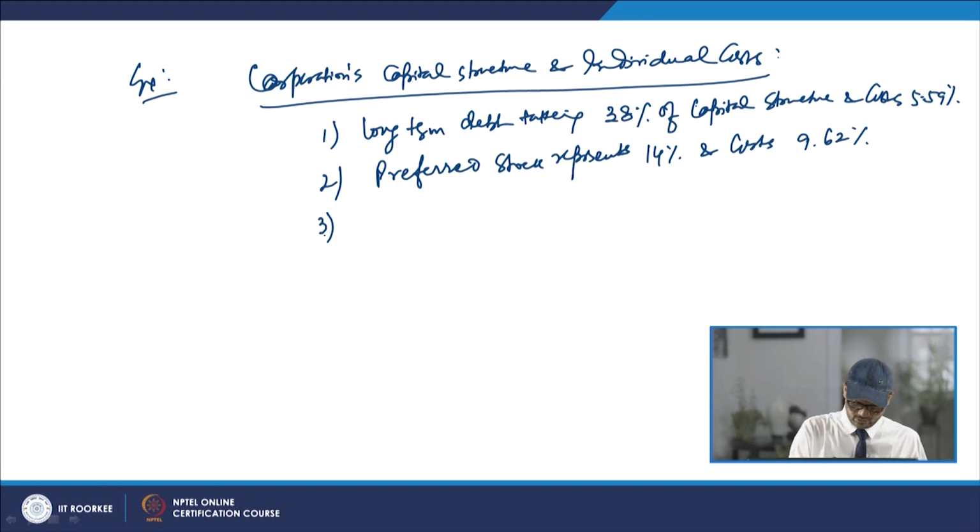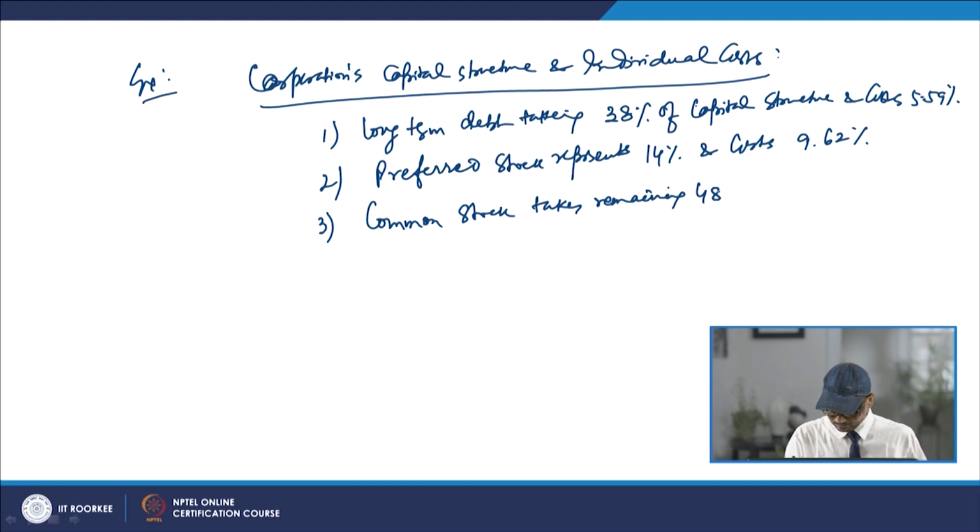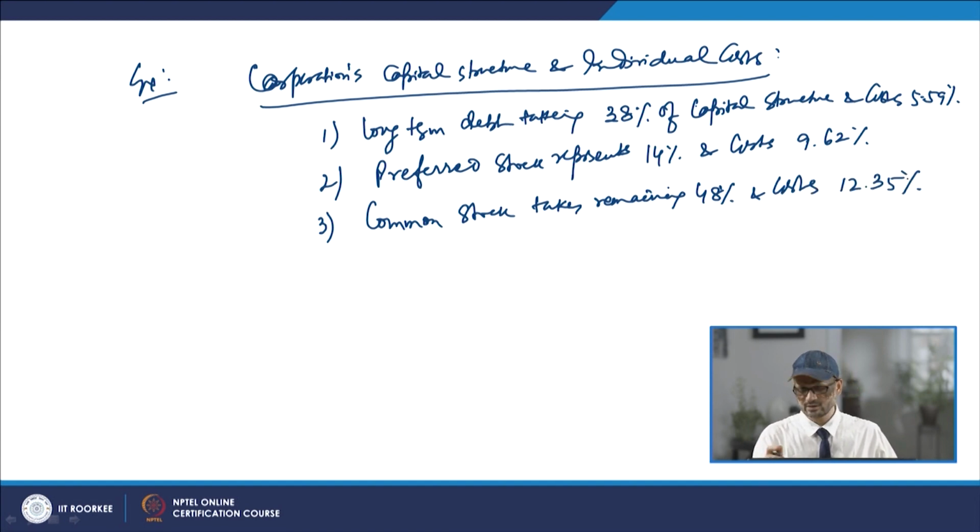Similarly, you have the common stock in the end, and the common stock takes the remaining 48% and costs about 12.35%. So, this is the corporation's capital structure, and also the individual costs.